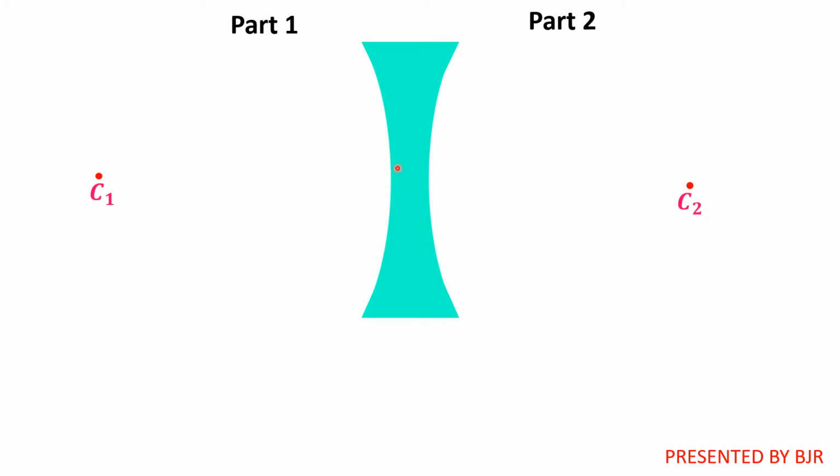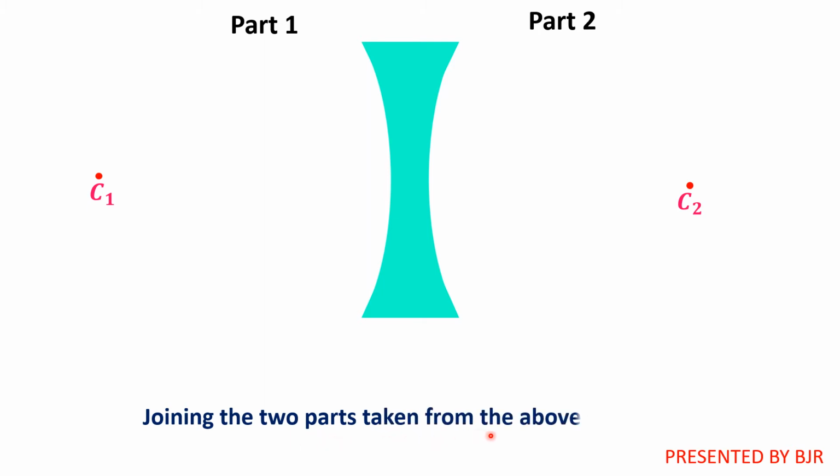In the middle it is thin, and at the edges it is thick. Joining the two parts taken from the above spheres forms a concave lens. So this is the concave lens, and it has two centers of curvature, C1 and C2.